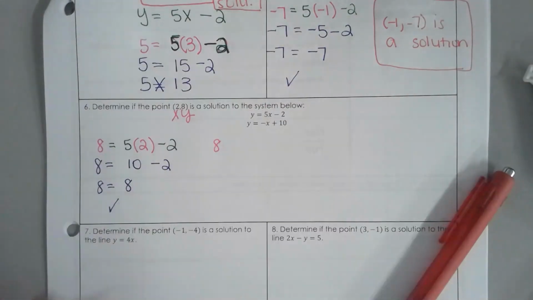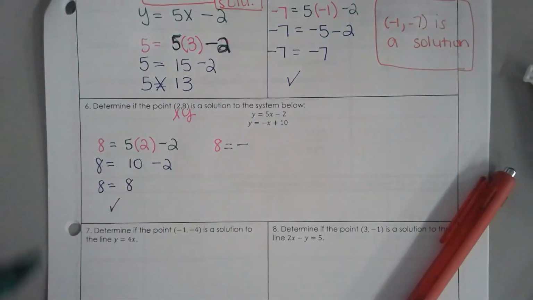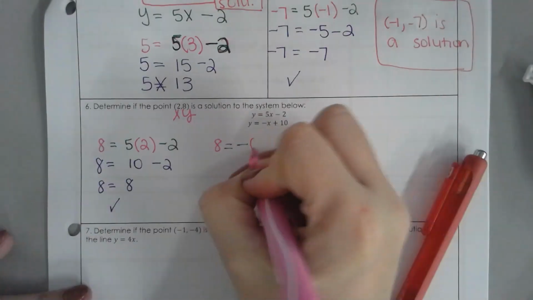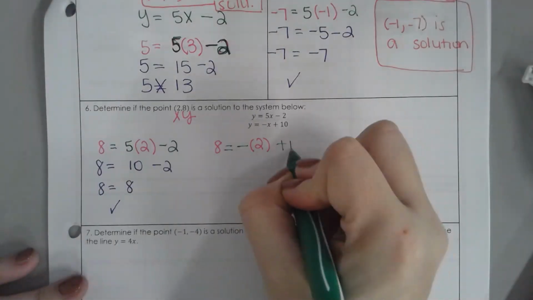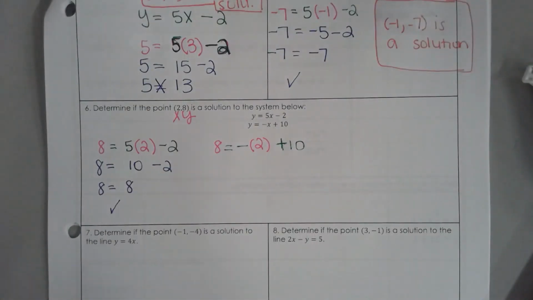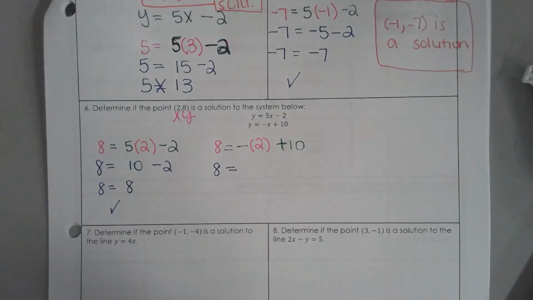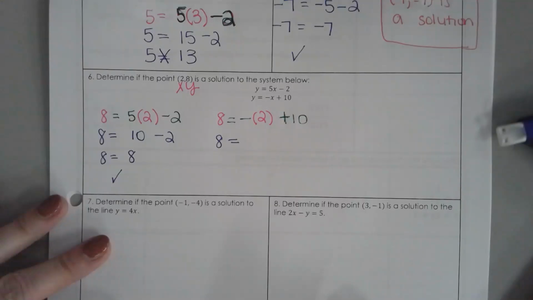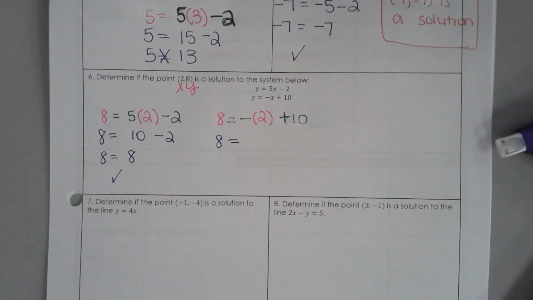Y, 8 equals negative, and then my x is 2, plus 10. What is negative 2 plus 10? Why didn't you put the negative 8 too? Because if my x had been a negative number, I would have had negative and then another negative.